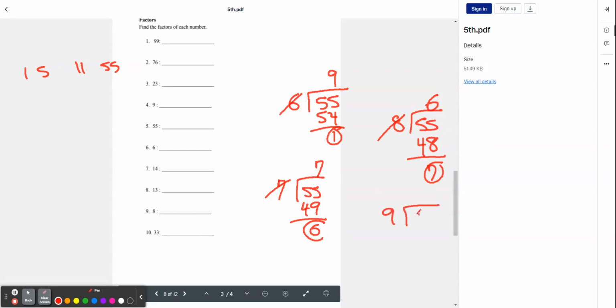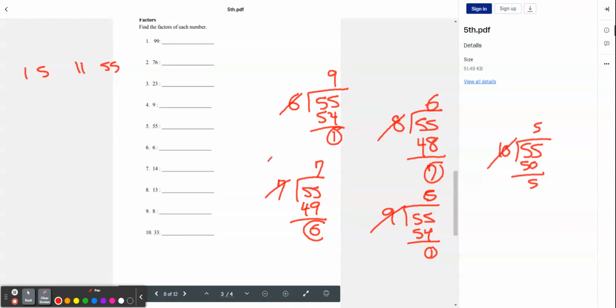Try 9. 9 goes into 55 5 times. My bad, 6 times. We get a remainder of 1. 9 is not a factor. Let's try 10. 10 goes into 55 5 times, and we get a remainder of 5.